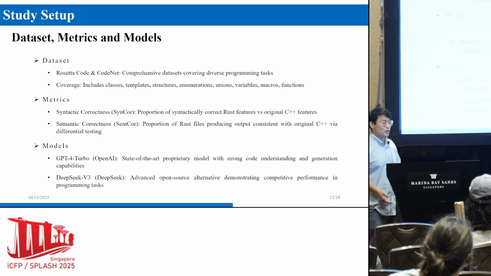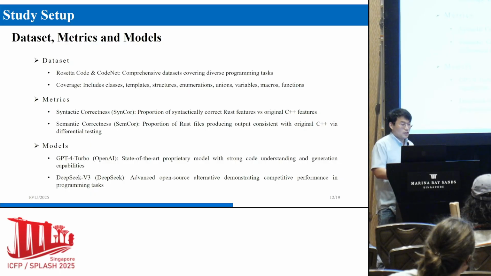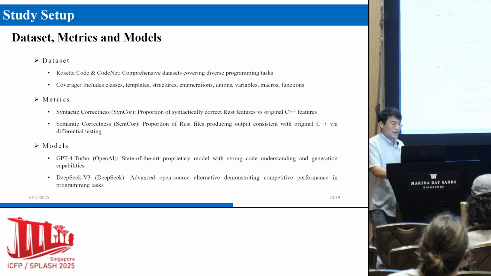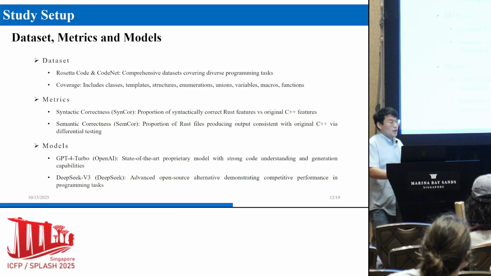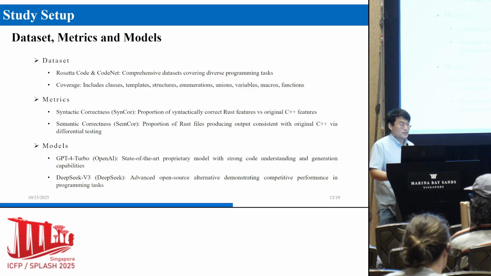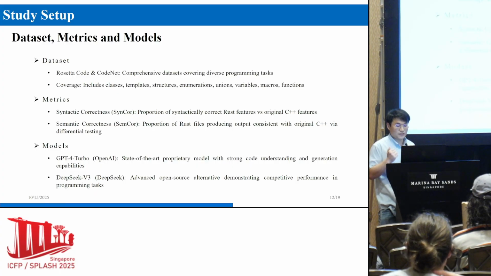As for our setup, we select the dataset, our metrics, and our models. As for the dataset, we use RosettaCode and CodeNet. This is a comprehensive dataset covering diverse programming tasks. As for the metrics, we use two metrics. The first is syntactic correctness: we need to know the ratio of syntactically correct Rust features compared to the original C++ features.